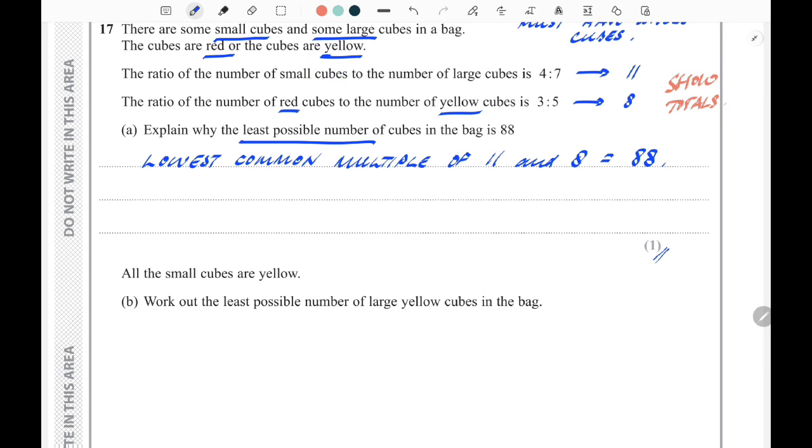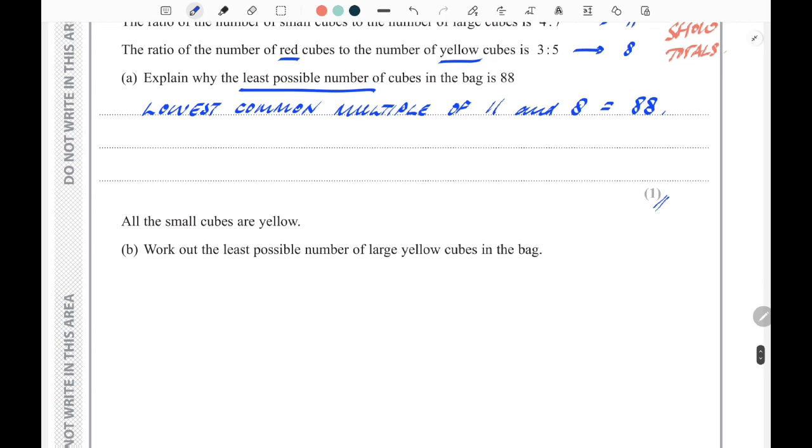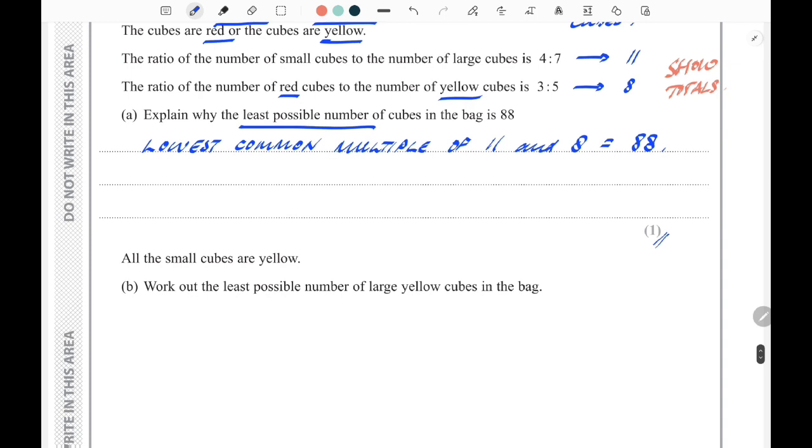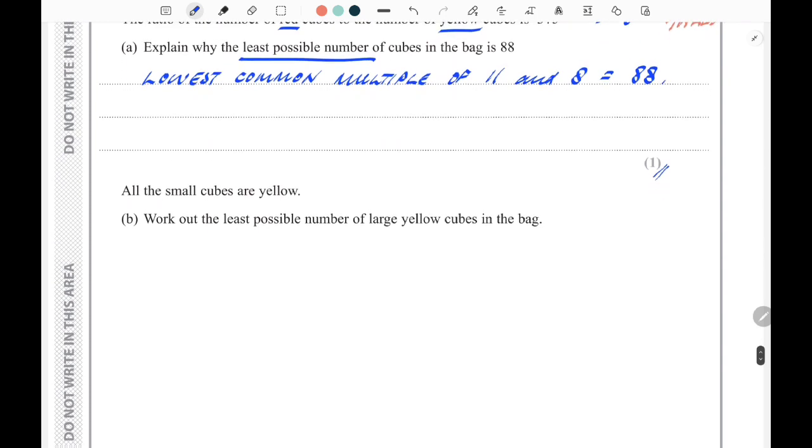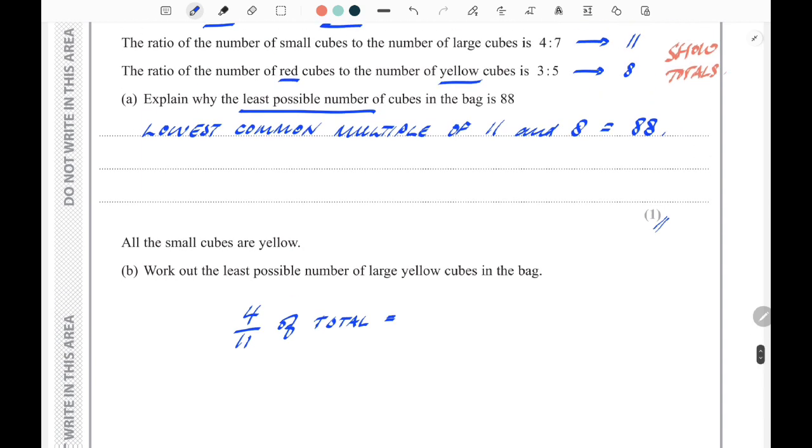And that effectively means that they are 4/11ths of the total.